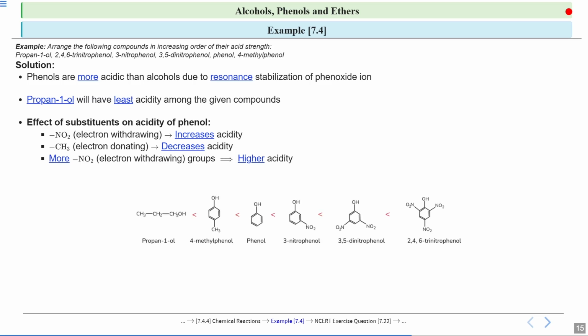So you will see that in the order of acidic strength, 2,4,6-trinitrophenol is most acidic because there are 3 electron withdrawing NO2 groups, which are on ortho and para positions. So imagine how much they will withdraw the electron density from the ring, and this oxygen will be electron deficient now. So it will withdraw from this hydrogen and this H plus will leave easily.